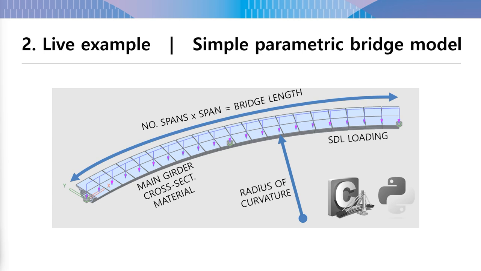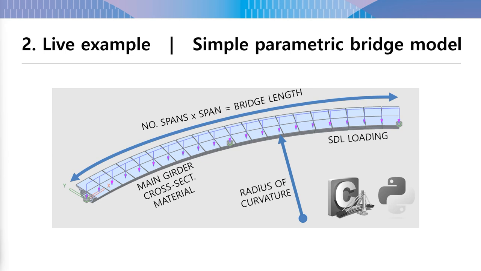This parametric bridge design script will be written in the Python programming language, and it will make it possible to communicate with MIDAS Civil NX in a two-way direction. It will be possible to send data from the parametric bridge design script to MIDAS Civil NX, and it will also make it possible for the script to read the analysis results from MIDAS Civil NX.